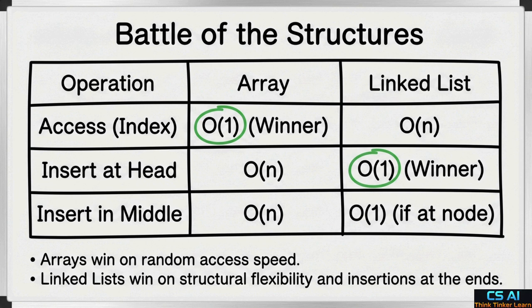Arrays, on the other hand, require shifting all existing elements, making it an O(n) operation. Similarly, inserting in the middle of a linked list is O(1) if you already have access to the node where you want to insert. Arrays still require O(n) for middle insertions. So, arrays win on random access speed, while linked lists excel in structural flexibility and efficient insertion and deletion, particularly at the ends or specific points.